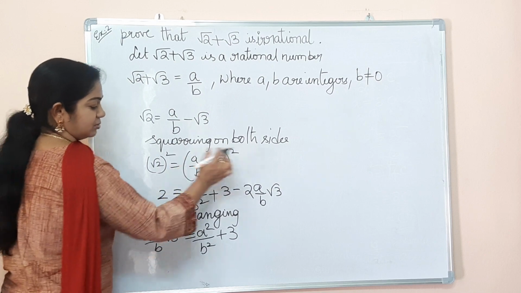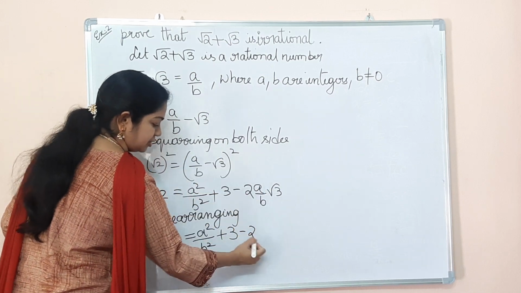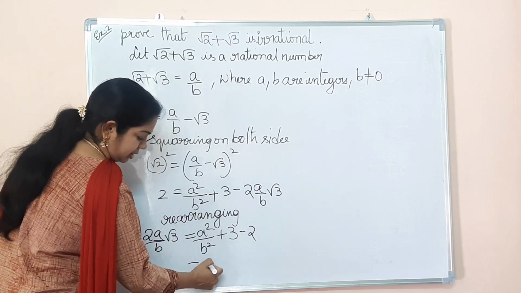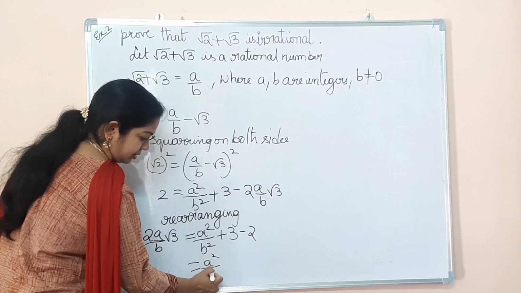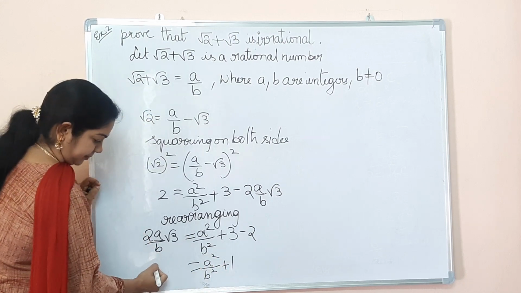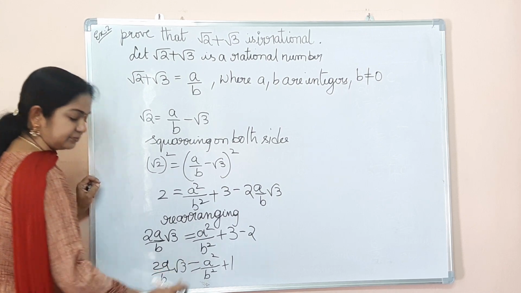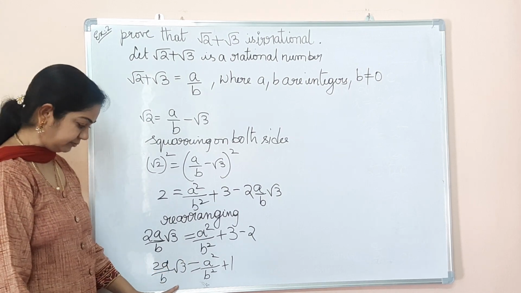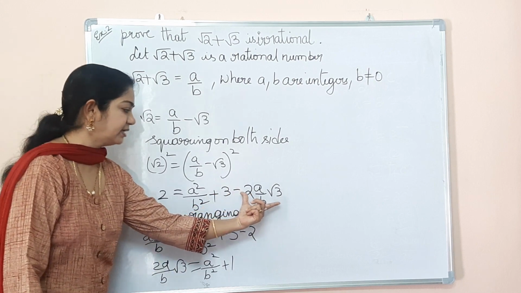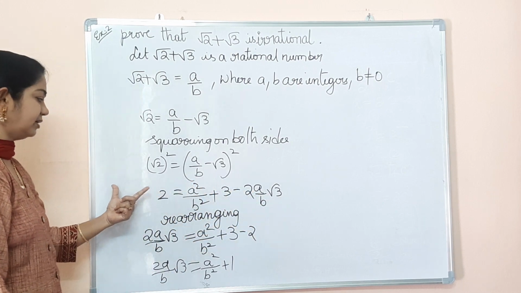This plus 2 goes there, it becomes minus 2. So 3 minus 2, a square by b square plus 1. Here we got 2a by b root 3. Understood till here? I am just rearranging: this term I am sending here, this term I have got here.